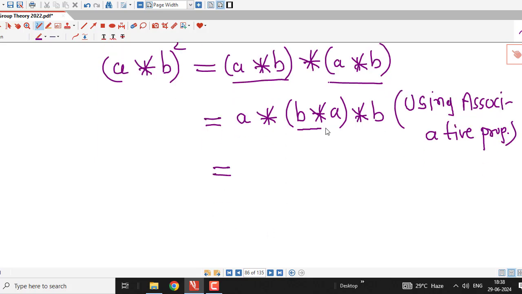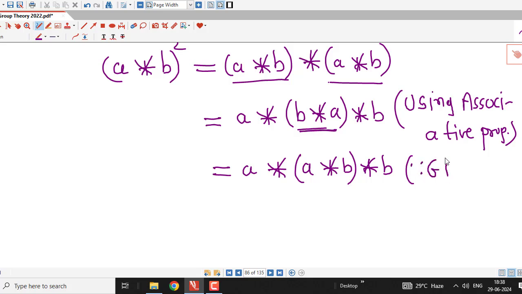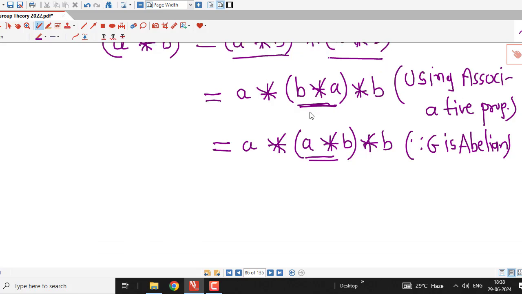Now because G is abelian, I can rewrite B star A equal to A star B. So here I am using our assumption. We have assumed that group G is abelian. Therefore A star B equals B star A for any two elements of G. So that I am using here. I am replacing B star A by A star B.